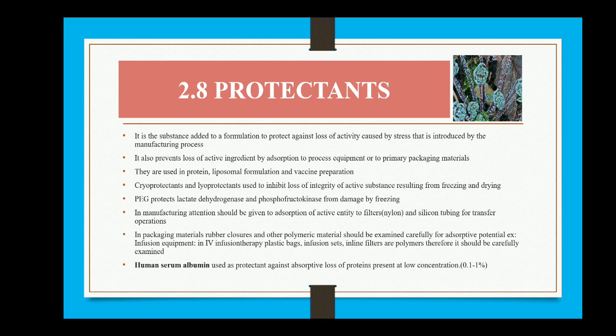Another example is human serum albumin. It is used as a protectant against the absorptive loss of protein present at a lower concentration. HSA, that is human serum albumin, is present at a higher concentration than the active substance and is absorbed by coating the surface and preventing the absorption of the drug.